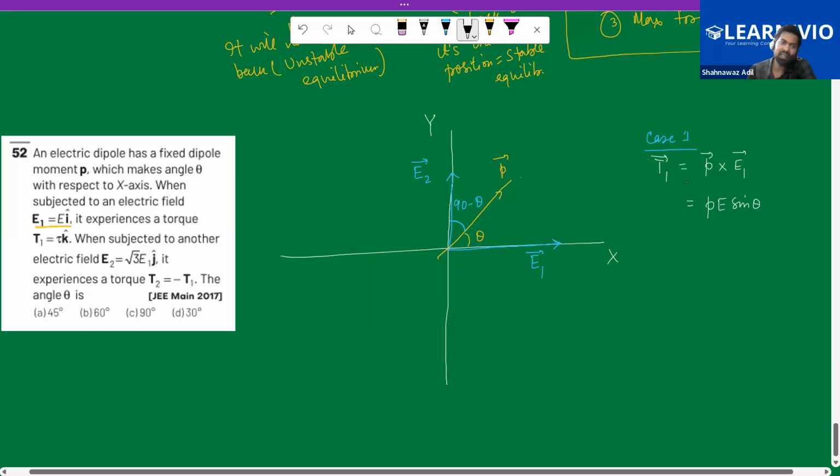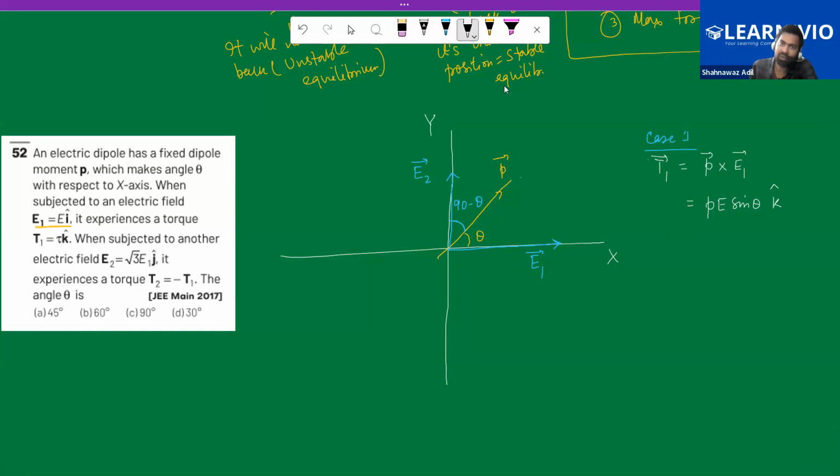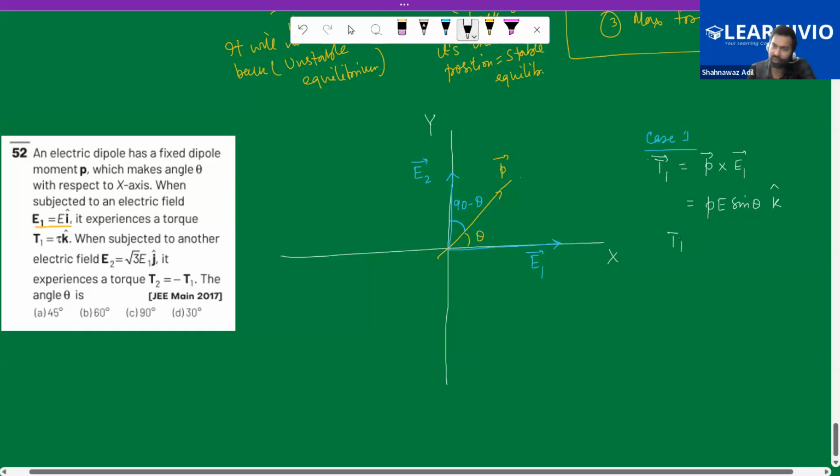And the direction they have said is K. So the magnitude of T1, which is tau1, is PE sine theta. Is it correct?